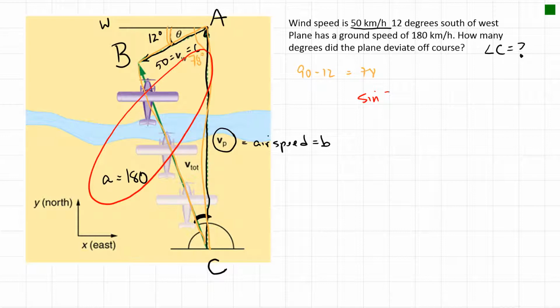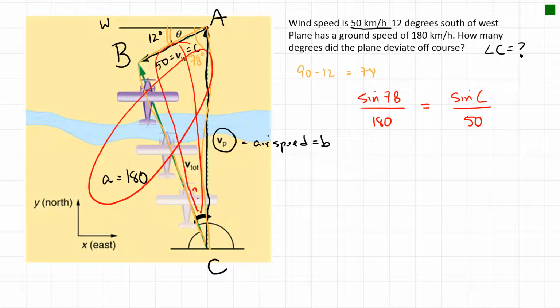So the sine of 78 over 180, and now we're going to pick up another ratio that we want to use. We want to find out what C is, and we know what's directly opposite C. So we know the speed is 50, and the angle is the one we don't know. So the sine of C over little c, which is represented by 50.